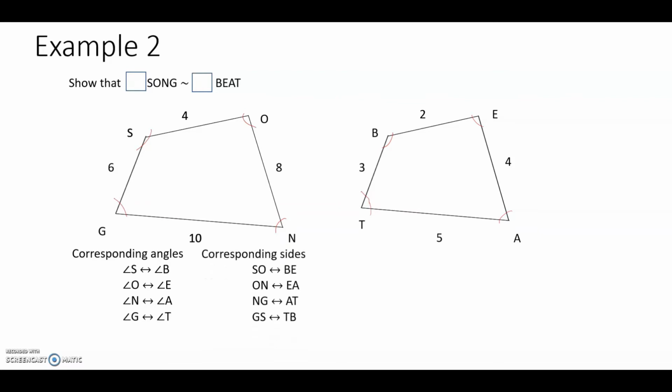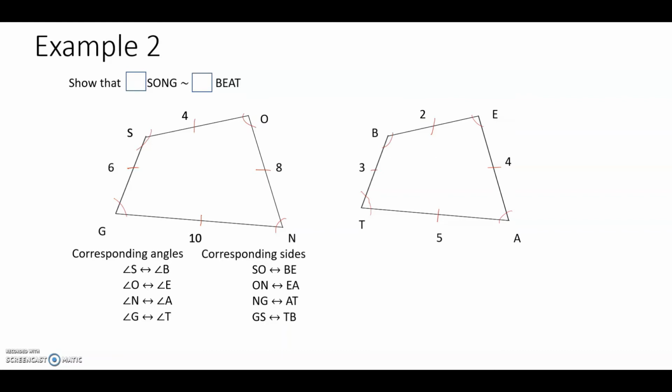Next, we have the corresponding sides. Side SO corresponds to side BE, side ON corresponds to side EA, side NG corresponds to side AT, then side GS corresponds to side TB.